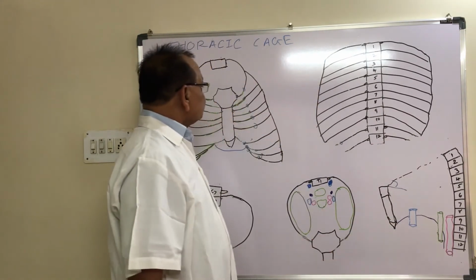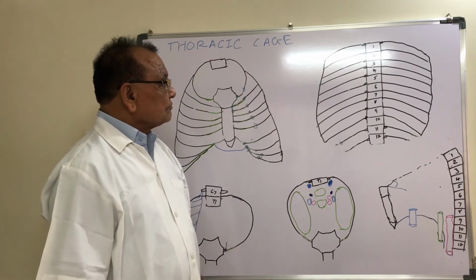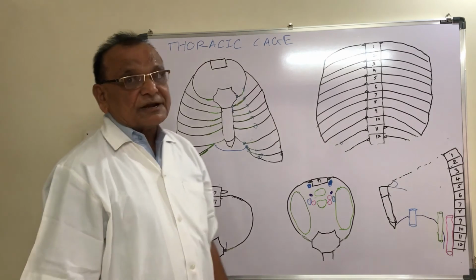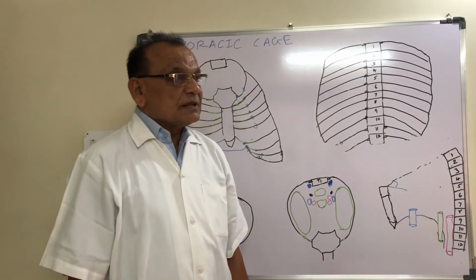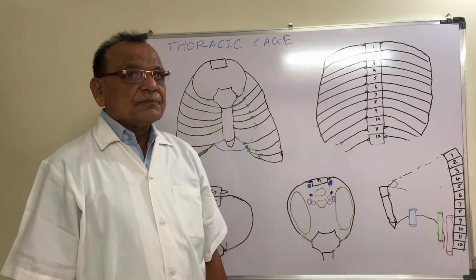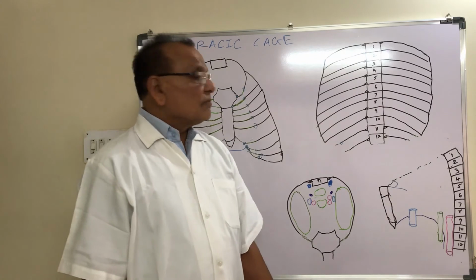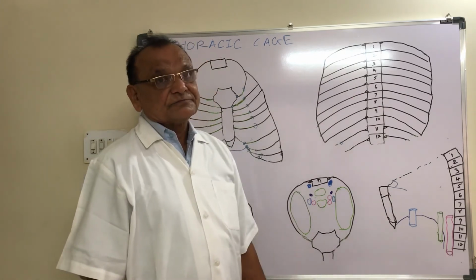Now we see the applied anatomy of the thoracic cage. You know that in children the bones are highly elastic, and that is why fracture of the rib is very uncommon in children.